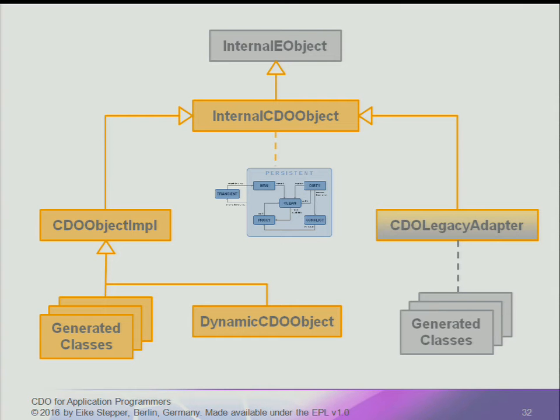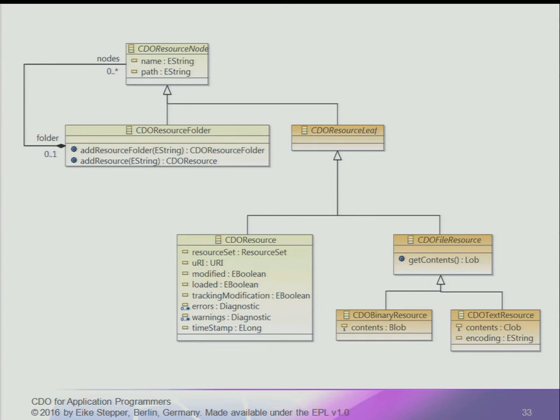For all models that you cannot regenerate, let's say the GMF diagram notation model or models that you get from somewhere else, you can also use them and they interact with the state machine through our so-called legacy adapters. That's an internal detail, you just don't realize it. But the instances of these classes are not scalable then because they have strong Java references.